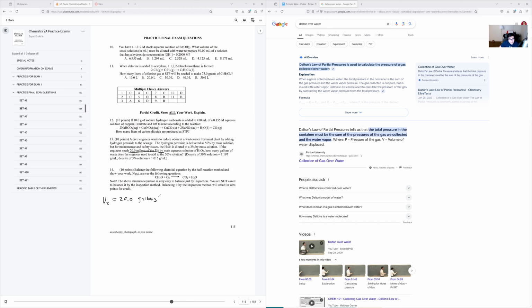Oh, do you guys have the conversion for gallons? Does he give it to you on the cheat sheet? Gallons to milliliters? Yeah, okay. Because I don't know. It says, how many gallons of water does the engineer need to add to the 50% solution?